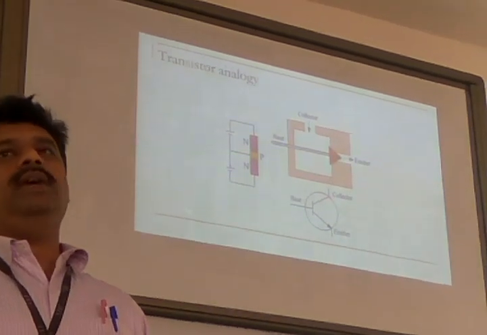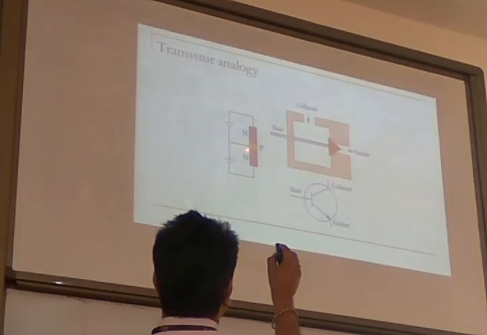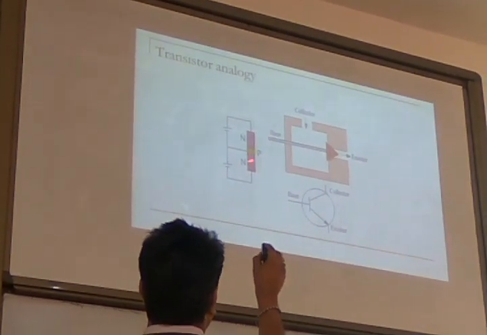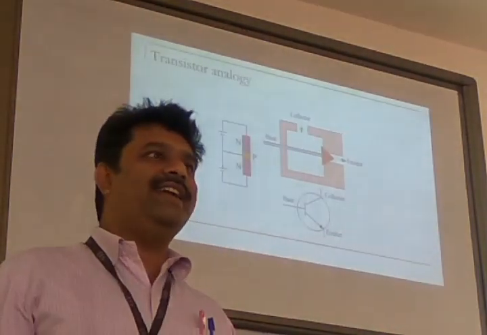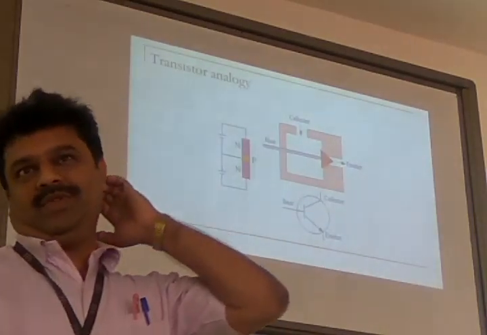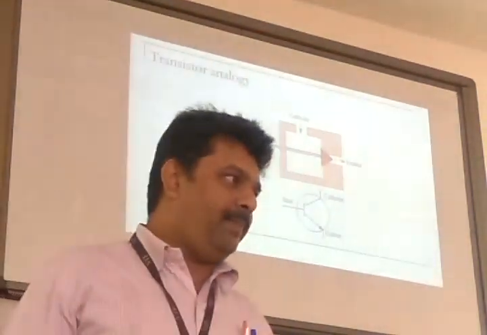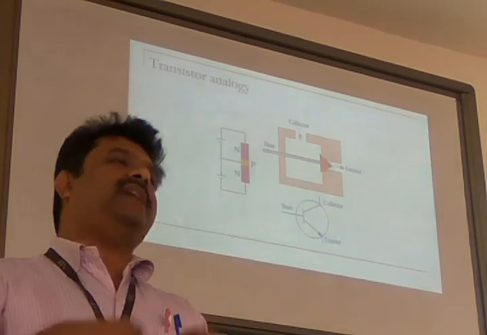When it is forward bias, what will happen to the resistance between the P-type and N-type material? It will increase or decrease? Decrease. When you connect a PN junction diode in forward bias, it will start conducting more.